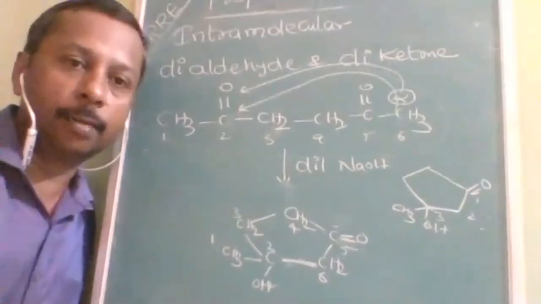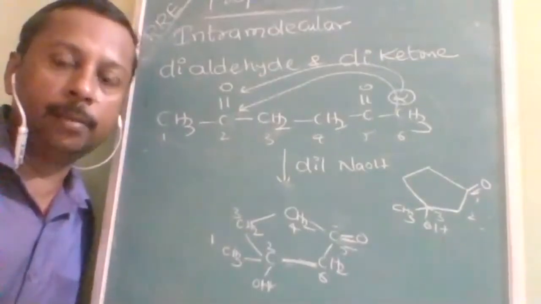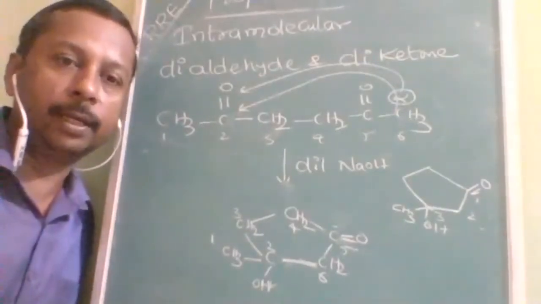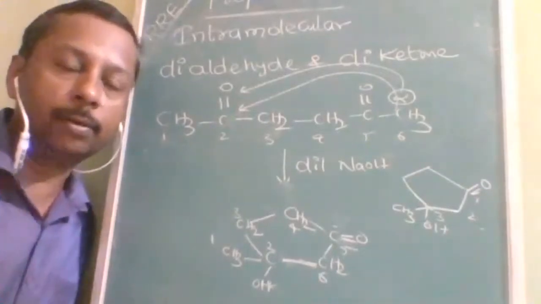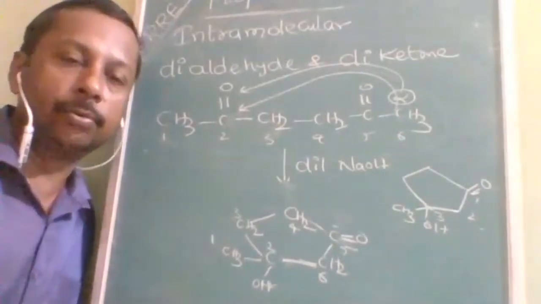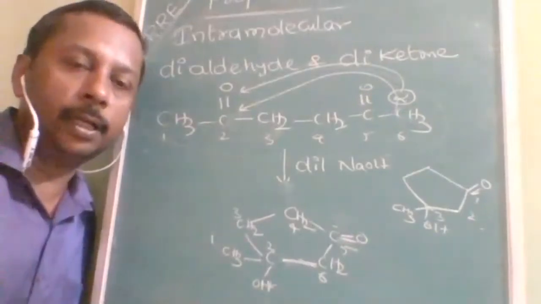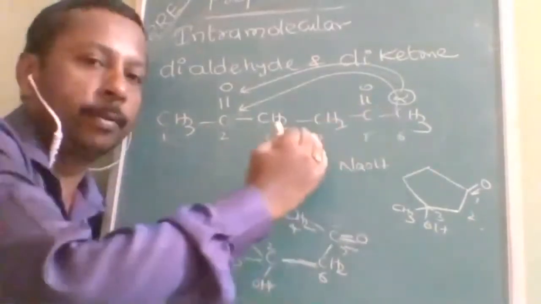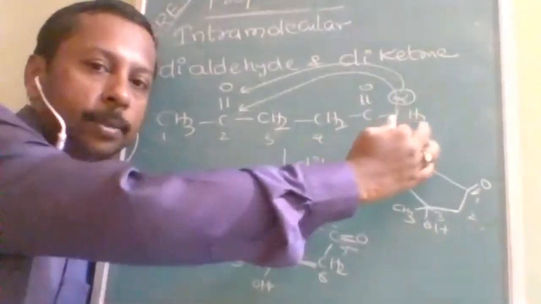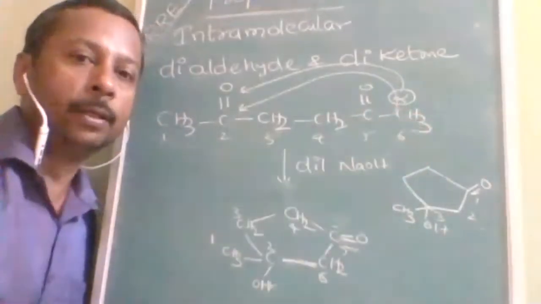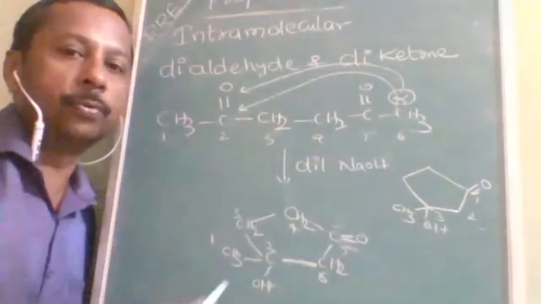If it is sp3 hybridized, then the bond angle must be 109 degrees. In cyclobutane it is going to be 90 degrees, so that is going to be unstable. It will try to get the alpha hydrogen from the farthest carbon atom. This is the farthest carbon atom, that's why it is going to be used. Why not this one?